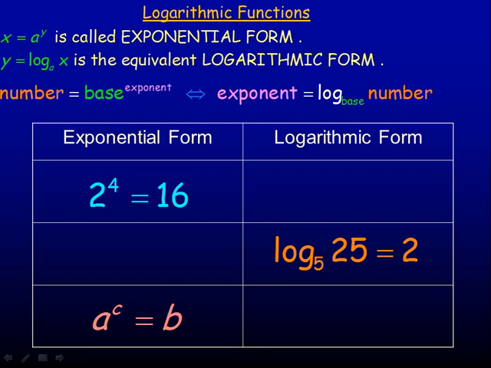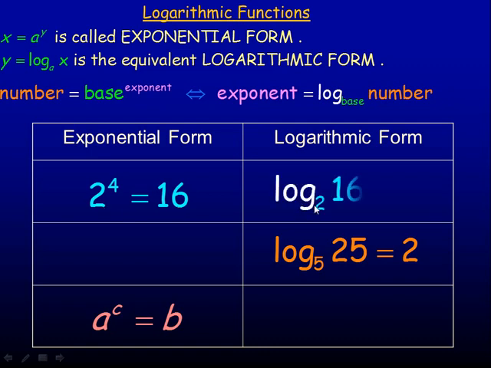And so in this table in the bottom here, we're asked to convert from either exponential form to logarithmic form or vice versa. And so the exponential form is 2 to the 4th equals 16. The equivalent logarithmic form will be whatever this exponent is, 4. It's equal to the logarithm of this number, that base.